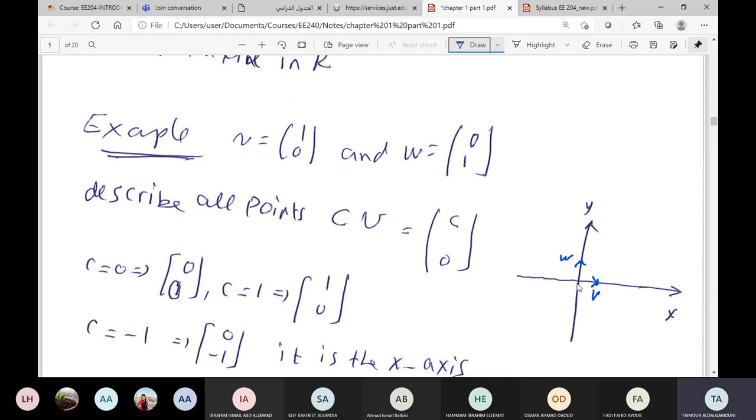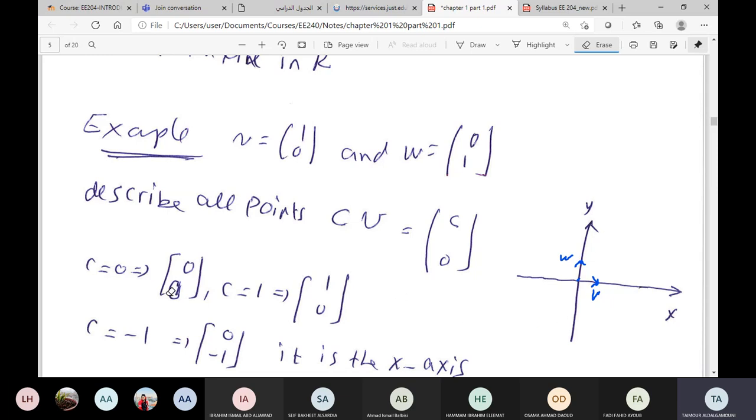If C is 0, then we will be at the 0. If C is 100, then we will be here. If C is minus 100, then we will be here, right? So we will be moving along the x-axis. Same thing about W. If we multiply W by a constant, then we will be moving along the y-axis.